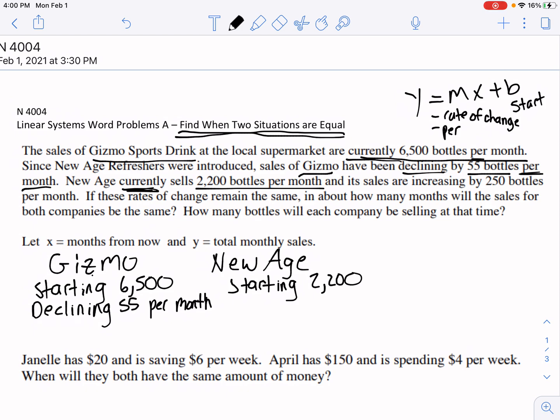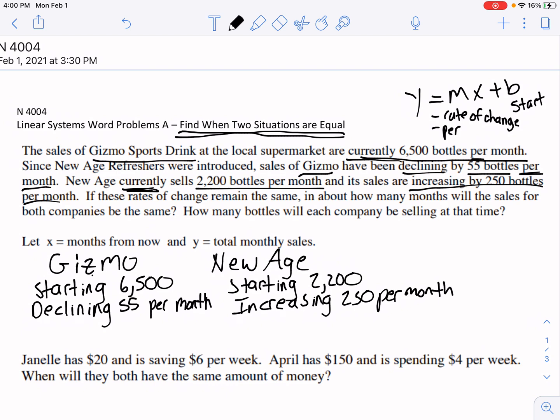Their sales are actually going up by 250 bottles per month. So as each month passes, they're selling 250 more every single month. So they're increasing by 250 per month.